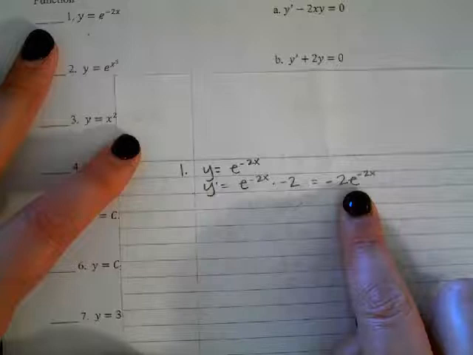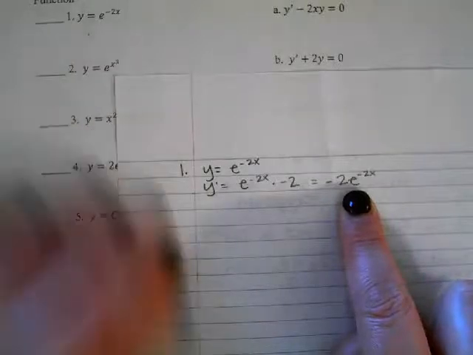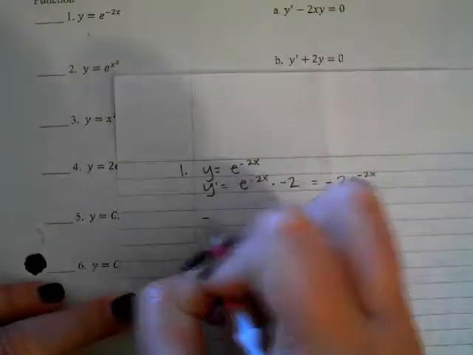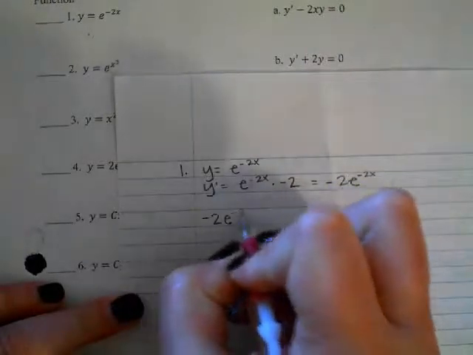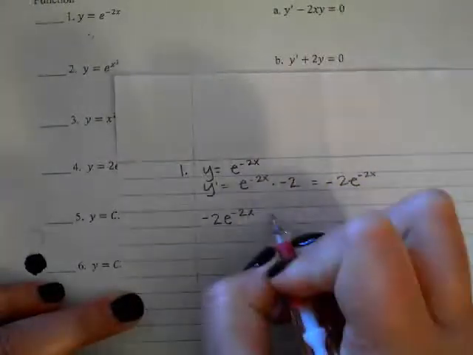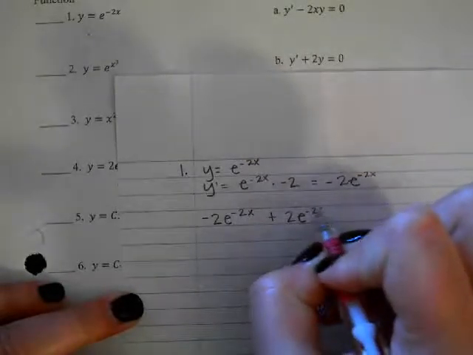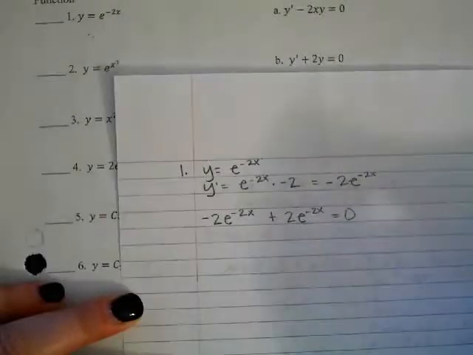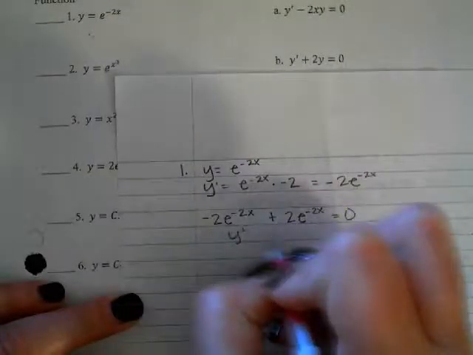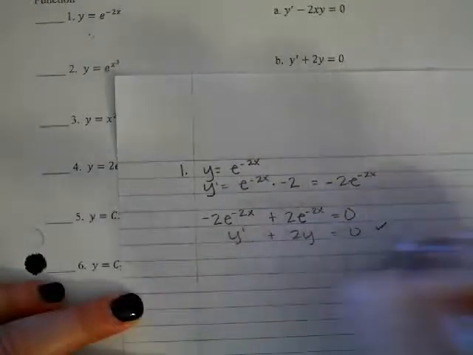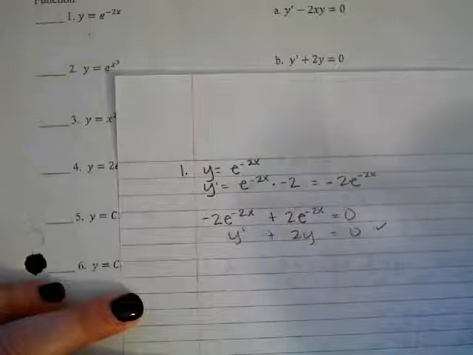So if we did y prime plus 2 times y equals 0, is that true? So this is y prime plus 2y equals 0. Check. So 1 is B. That makes sense? Okay.